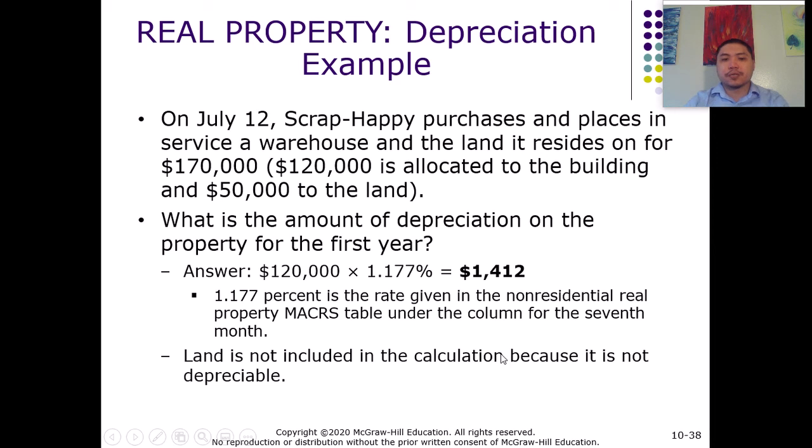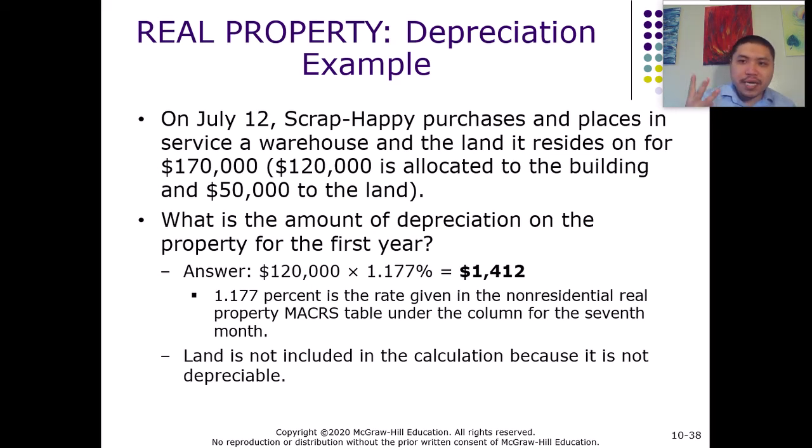So again, for real property, you have to be careful with the type of property: residential, non-residential placed into service after May 13th of 1993, and non-residential property put into service before May 13th of 1993.